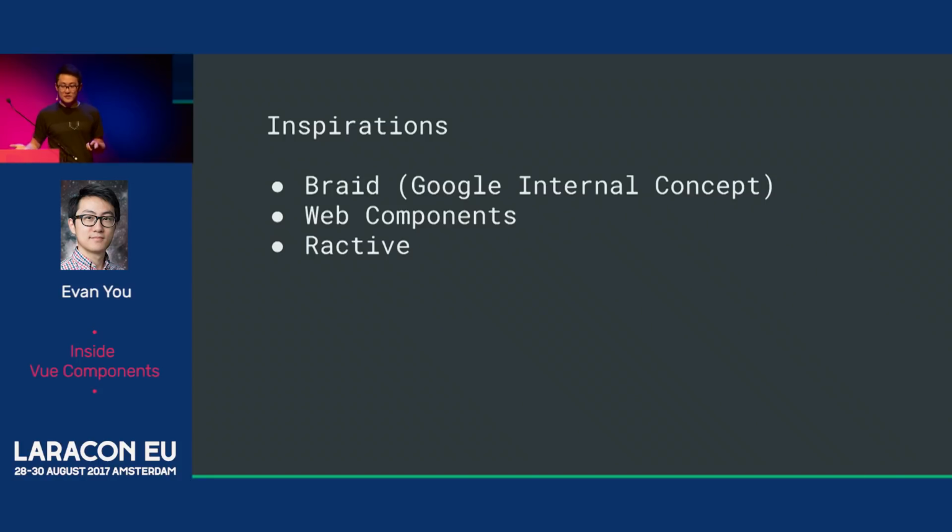And before we go into the details, I want to acknowledge the inspirations. I did not just invent this out of thin air, right? There's a lot of prior art and inspirations, and there was this Braid project that, when I was at Google, started this idea about co-location for me. And web components, when they first proposed that things can be just inside the same file, were also a great inspiration.